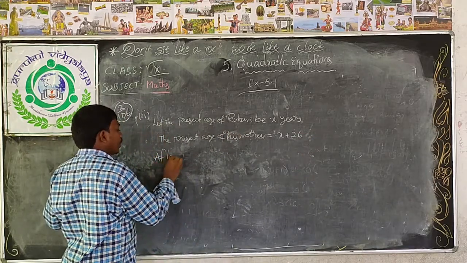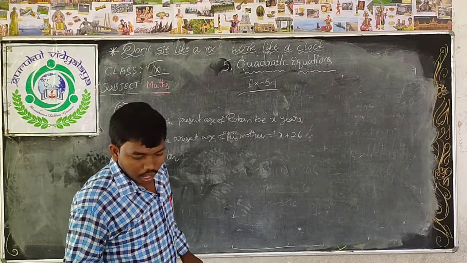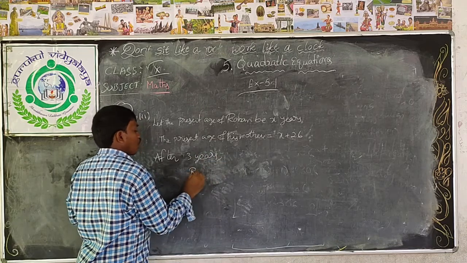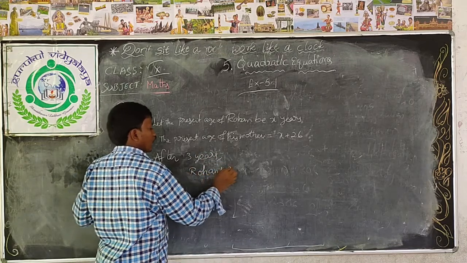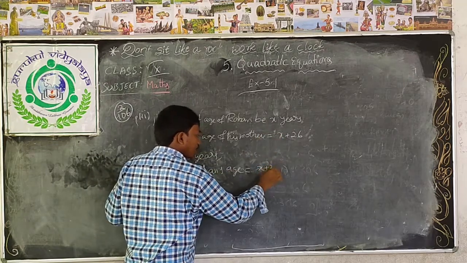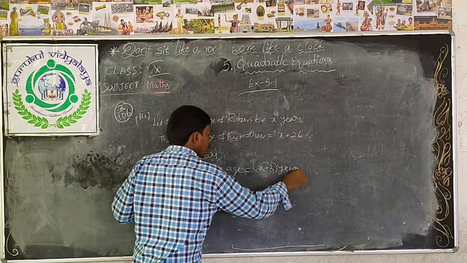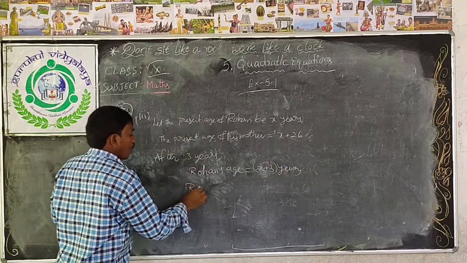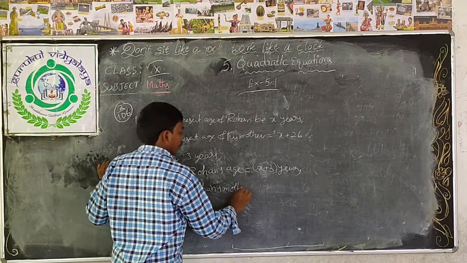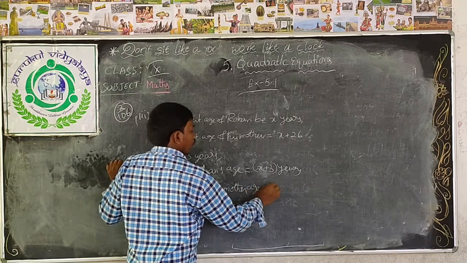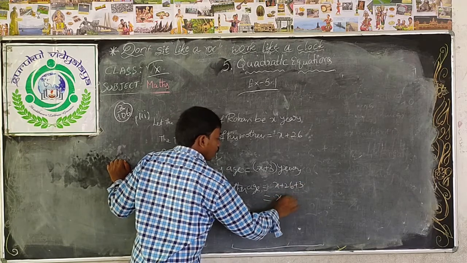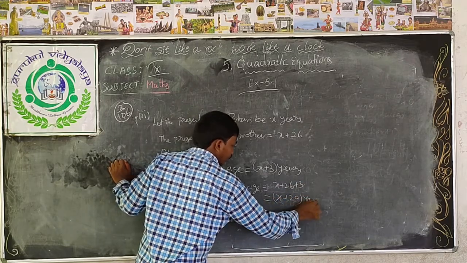After 3 years, Rohan's age is x plus 3 years. After 3 years, Rohan's mother's age is x plus 26 plus 3, that is equal to x plus 29 years.